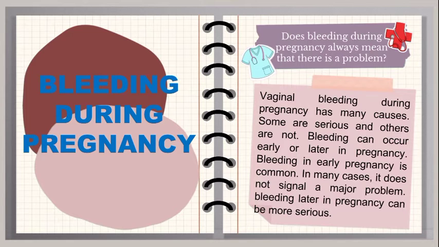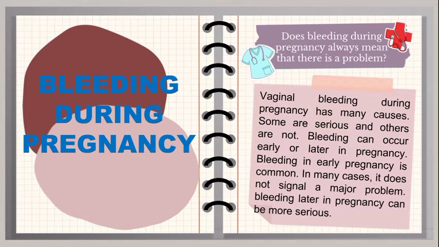But in the real situation, when we have bleeding during our pregnancy, we become worried. So that is why it is important that if we experience this kind of problem, we report it to our healthcare provider so it can be addressed early. As I've said, bleeding and spotting from the vagina during pregnancy are common.